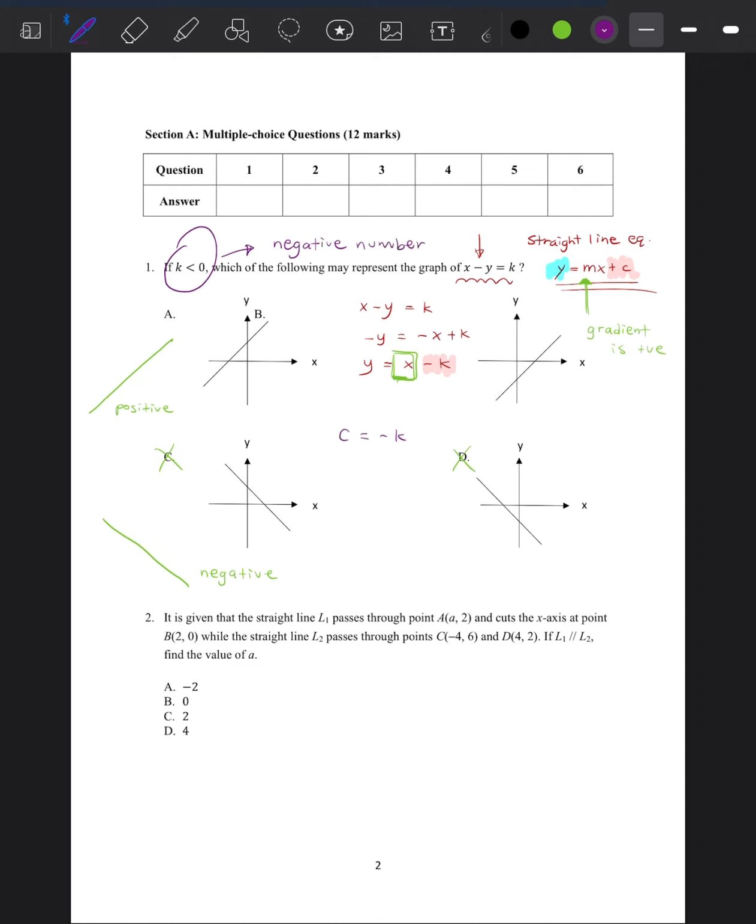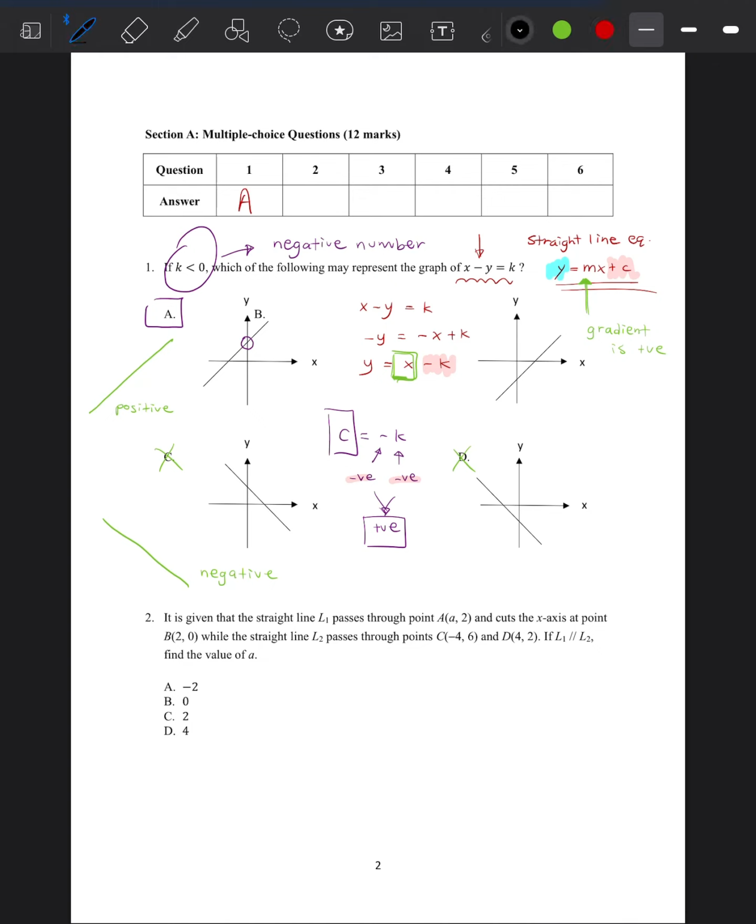So for k to be a negative number, here is a negative, and you've got a negative sign. So negative times negative will give you positive. Therefore, your c is a positive number, so your y-intercept should be here, which is positive, and therefore your answer is A.